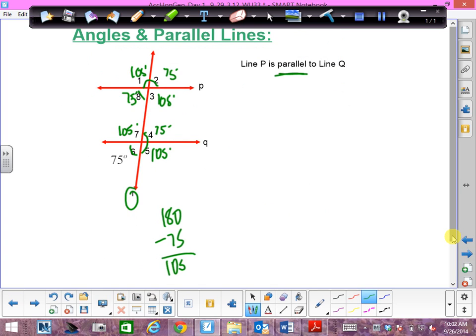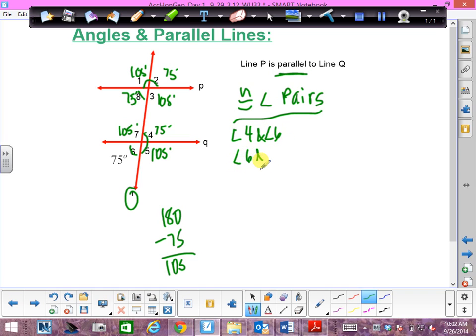So if we look at that, one more thing, we need to go back and think, all right, which angles were congruent? So what congruent angle pairs? We know that angle 4 and angle 6, we know angle 6 and angle 8, we know angle 6 and angle 2, we know angle 2 and 8, and we know angle 8 and 4.